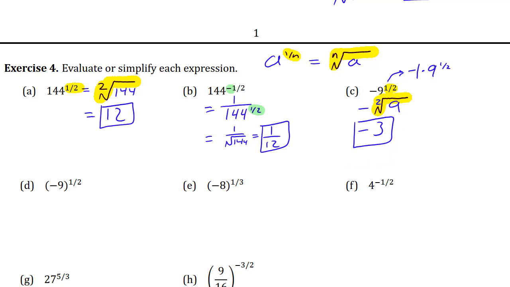All right, this one, when you have parentheses around it here, the parentheses mean negative 9 is the base of the exponent. So in this case, this means negative 9 inside the square root. And the square root of negative 9 would have to be something you can multiply by itself to get negative 9.